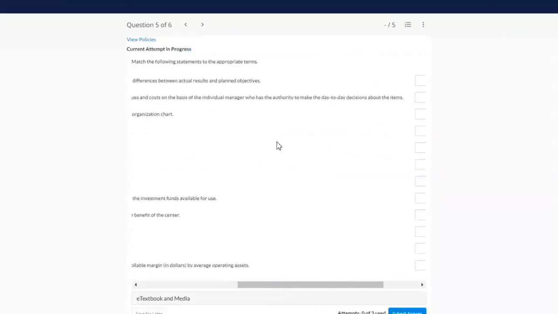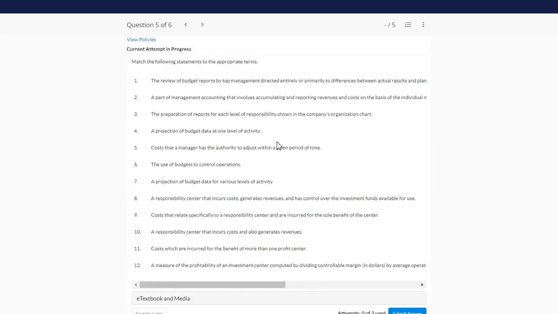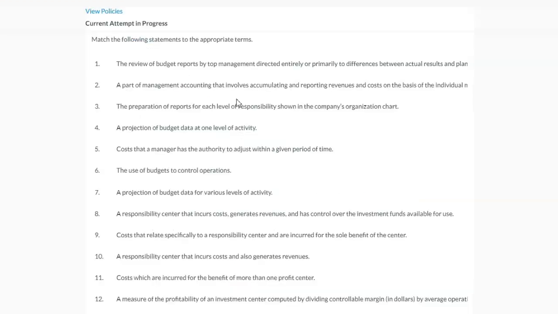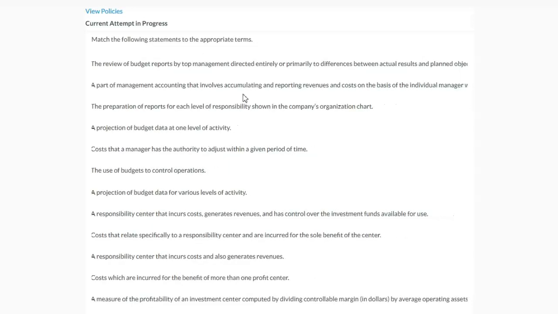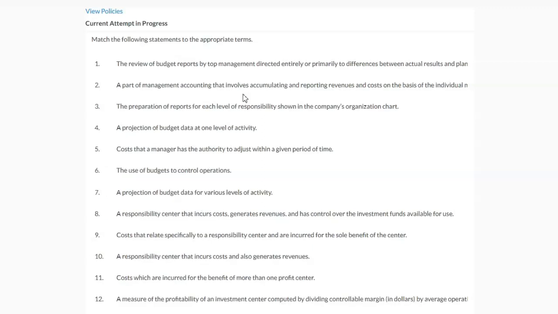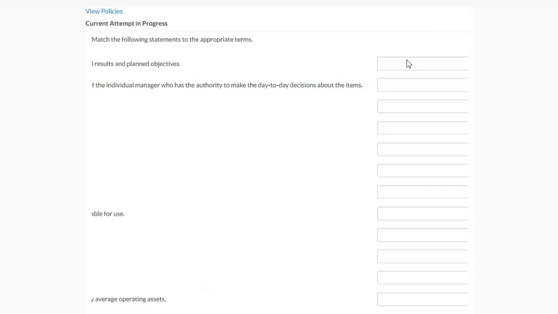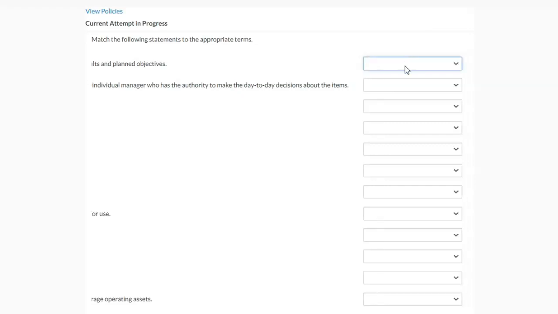Okay, this is fun. This is match the following statement to the appropriate term. The review of budget reports by top management directed entirely or primarily to differences between actual result and planned objectives. Okay, what do we call that concept?